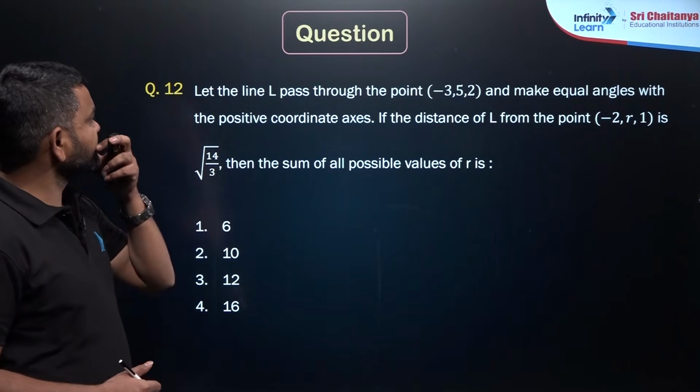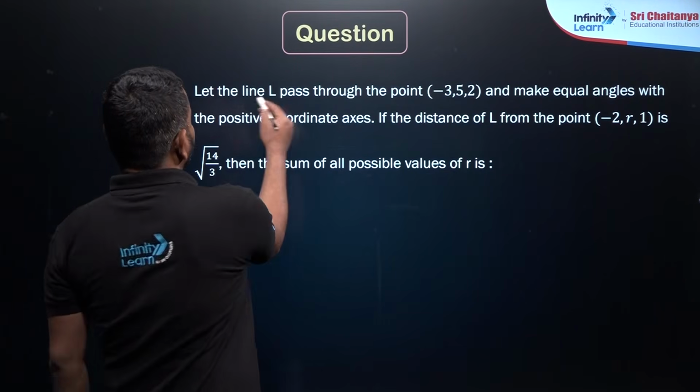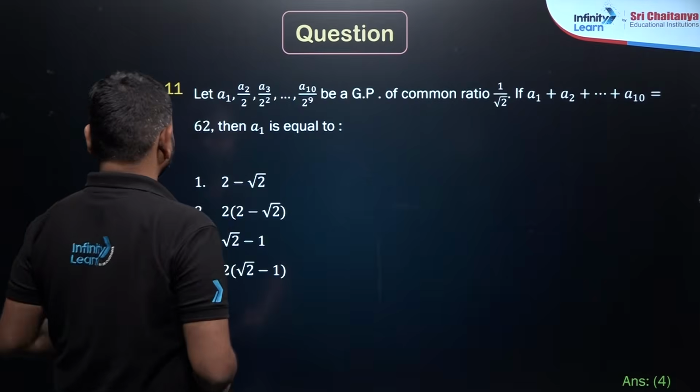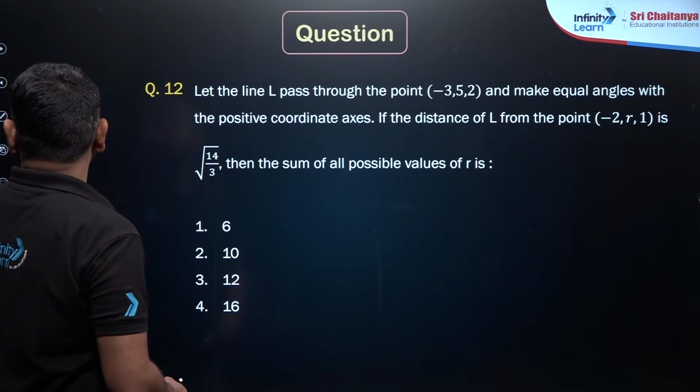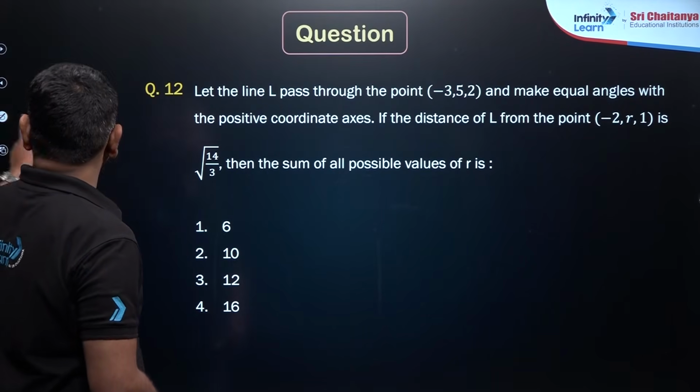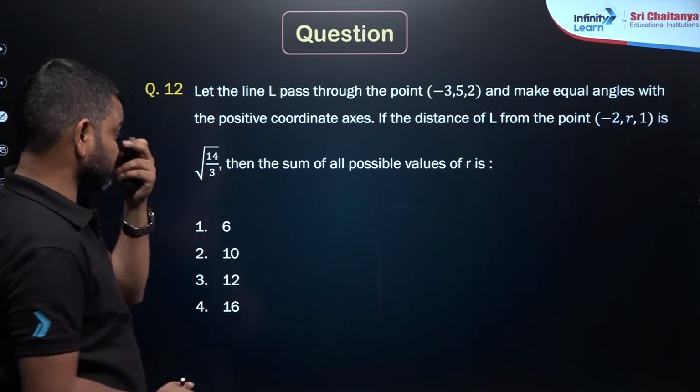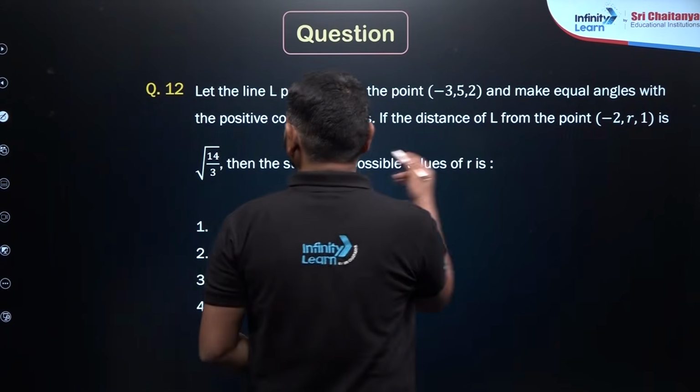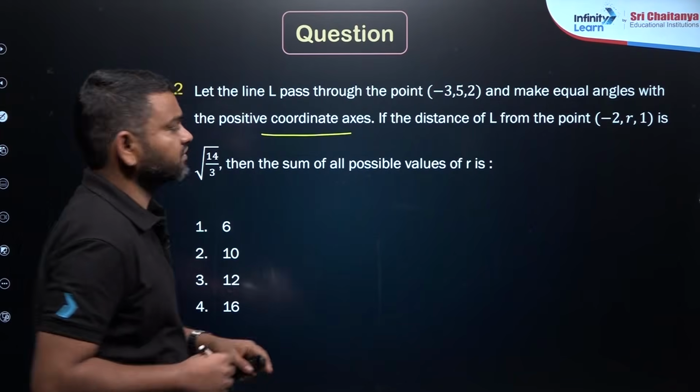Next, in this question we have the line L. One second. So the line L is passing through the point minus 3 comma 5 comma 2 and making equal angles with the positive coordinate axis, right?